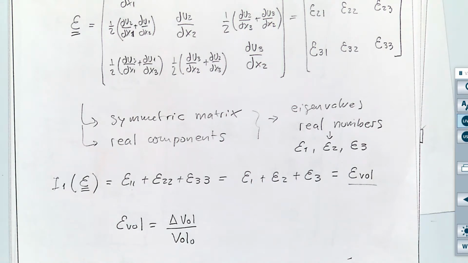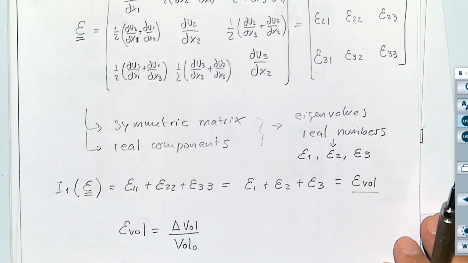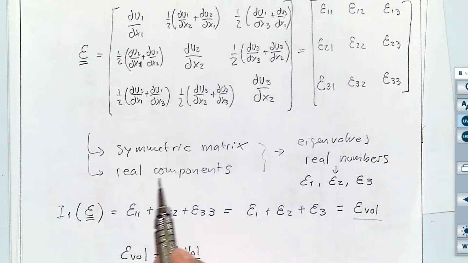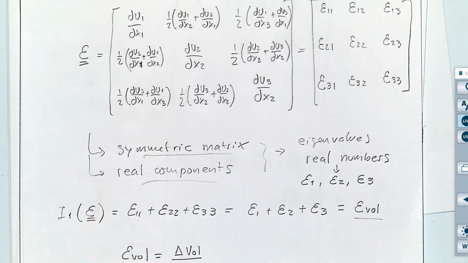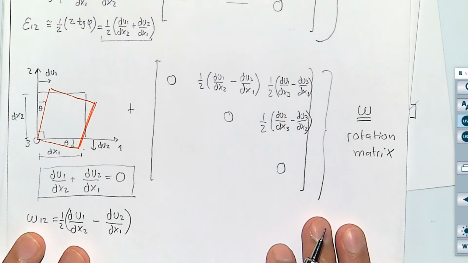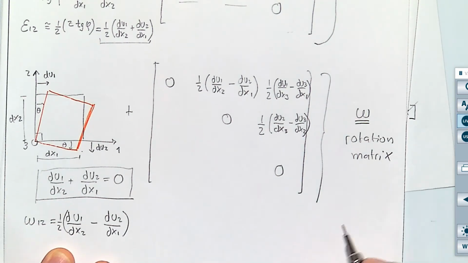All right. Just to close the loop about this strain matrix, we said it has real components and it is symmetric. However, this matrix, the rotation matrix, is not symmetric.